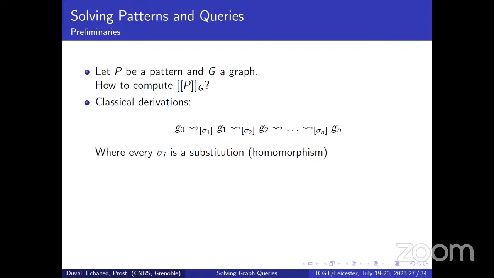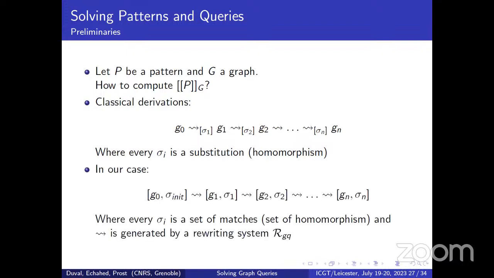Here, we are not dealing with single substitutions. If we dealt with single substitutions, we could have inconsistent solutions, and it would not be sound. However, we will compute sets of substitutions, of solutions.